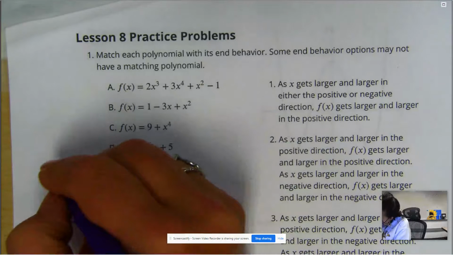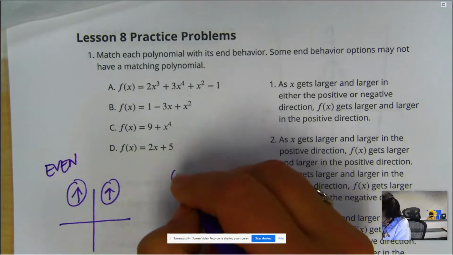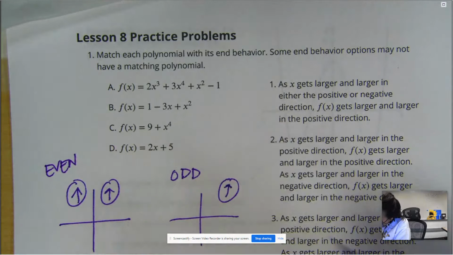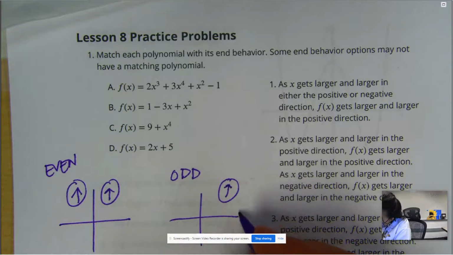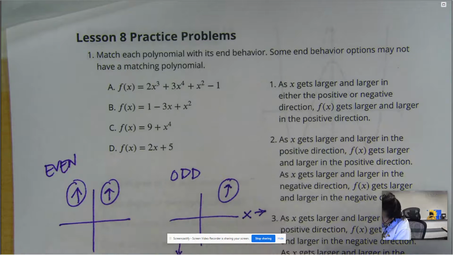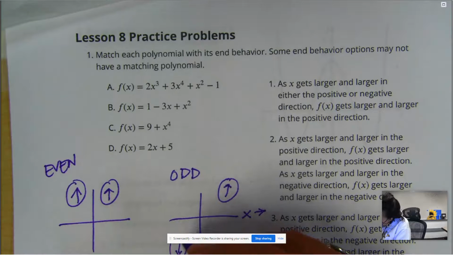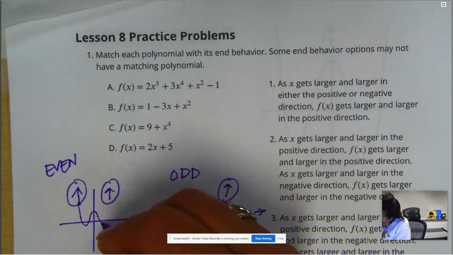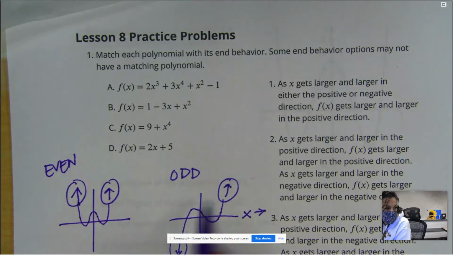That's for an even. And if it's an odd degree, it's getting bigger and bigger as x gets bigger and bigger in the positive direction, but it's getting bigger and bigger in the negative direction as we go this way, okay? And I circled the ends because it can do all kinds of different things in the middle, but what we're looking at is what happens at the ends.